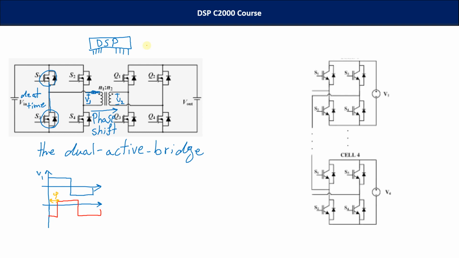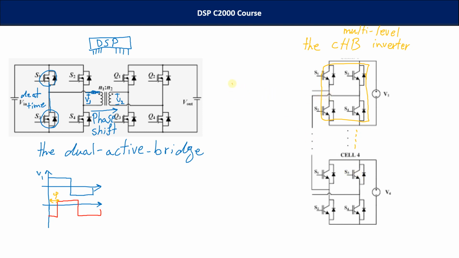And we've got another example. Here is the CHB inverter, and this can be a multi-level inverter, because we've got one cell and we can have multiple cells here.